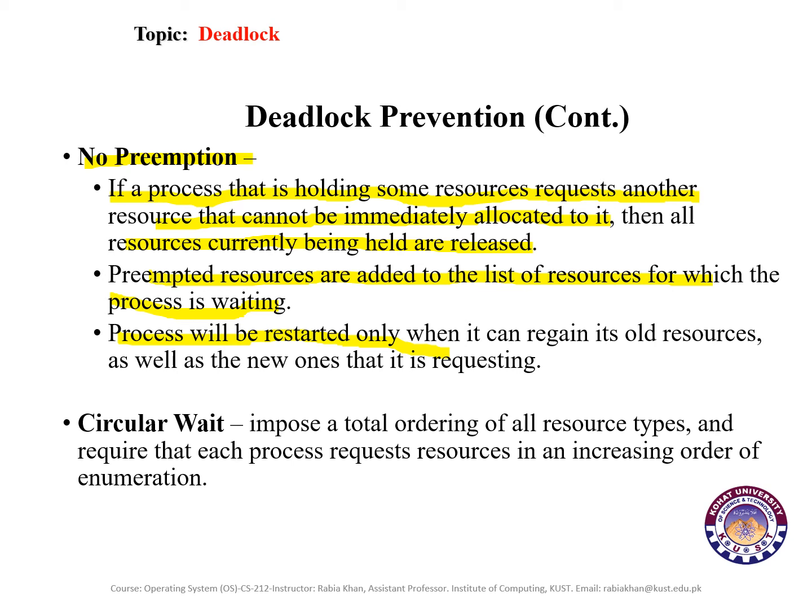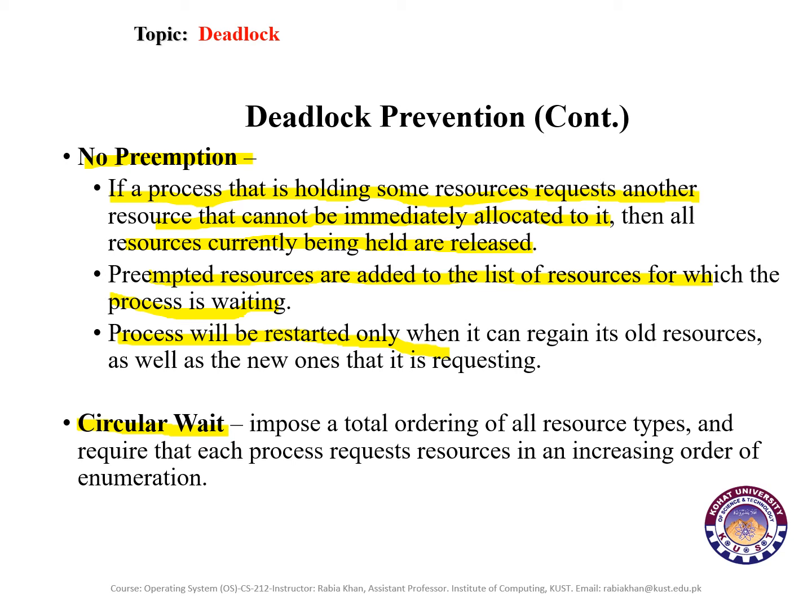The fourth condition is circular wait, which is very common, and we generally target the circular wait when we draw the resource allocation graphs. Circular wait can be prevented by assigning numbers to resources.